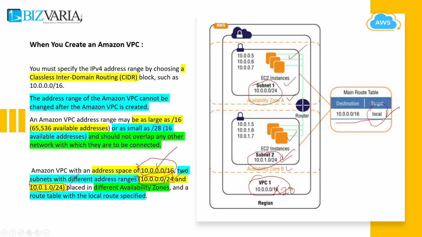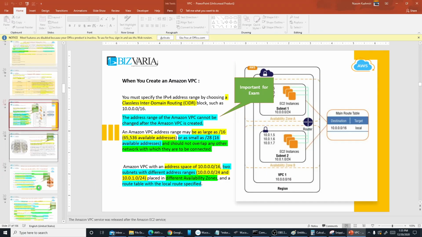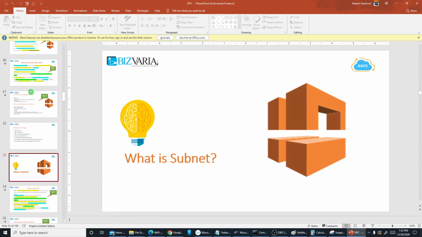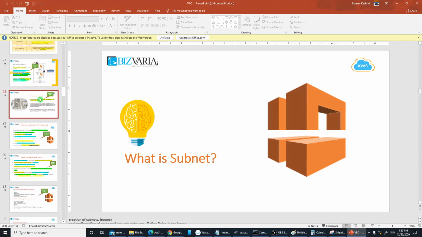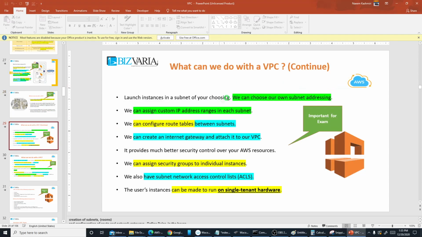So I'm going to stop here. This is for you to consume for this week, and next week we're going to go on to the next topic. We're going to talk about subnets next week. These are just rephrasing what we just learned so far, a summary of what we can do with the VPC, and things to remember for exam purposes.